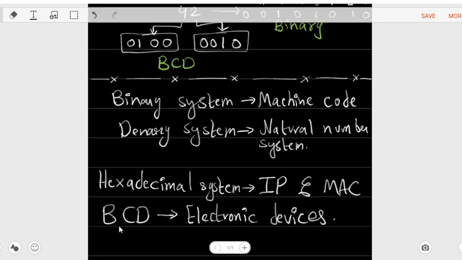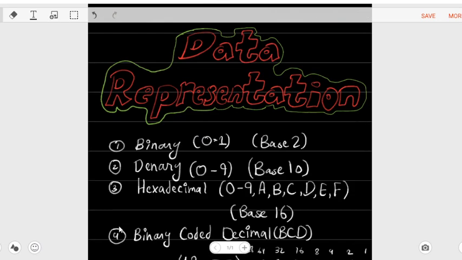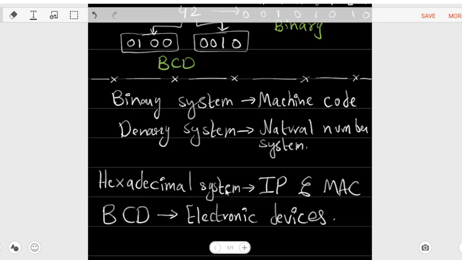Right now I just wanted to introduce you to all the number systems that are involved and where all these 4 number systems are used. The first one is binary, second is denary, third is hexadecimal, and the fourth is binary coded decimal.